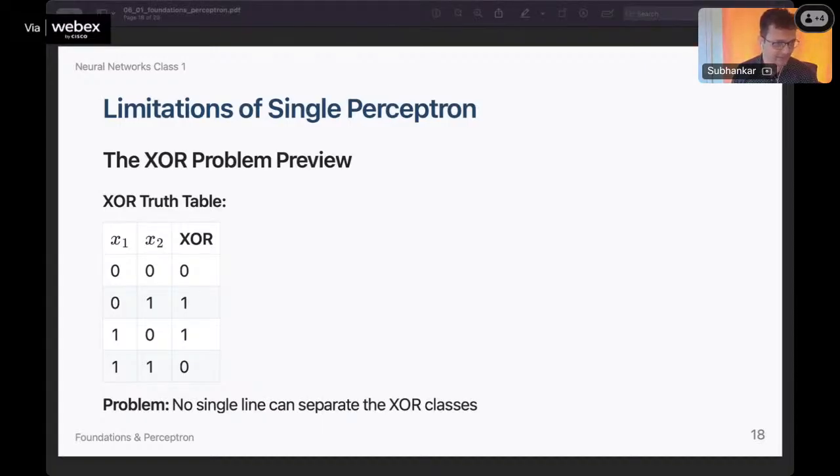The major idea behind this particular slide is that if the problem is linearly separable, we don't have an issue.